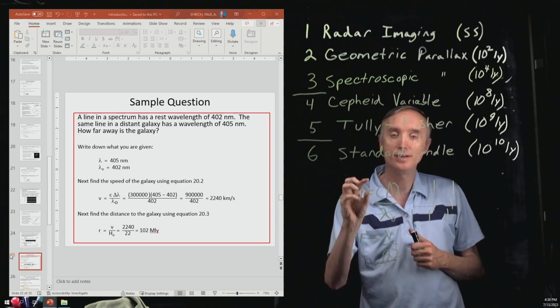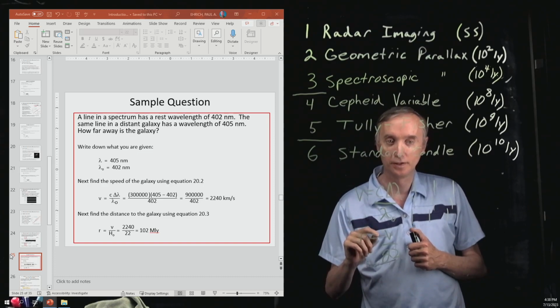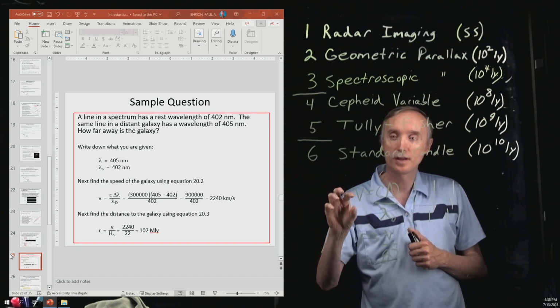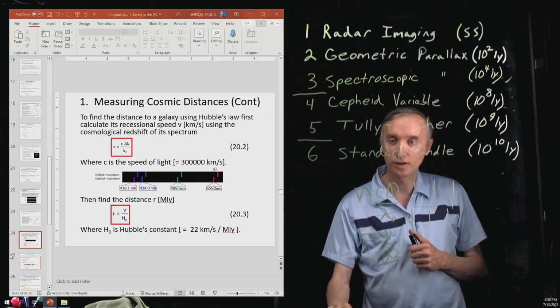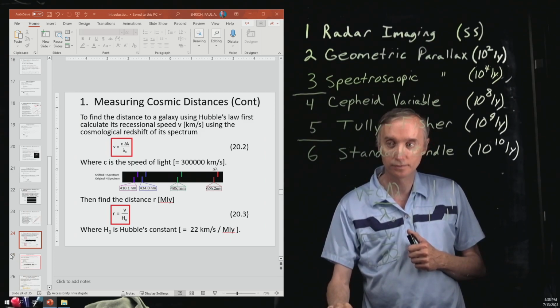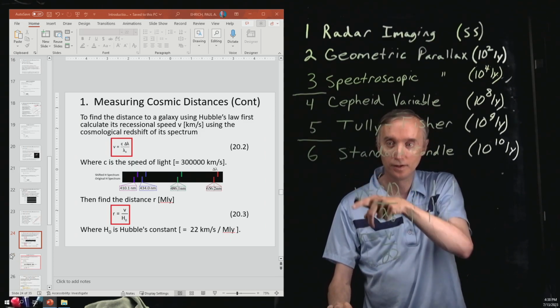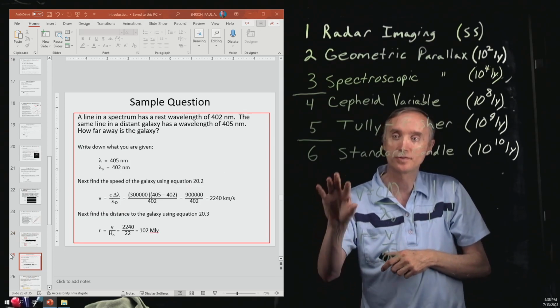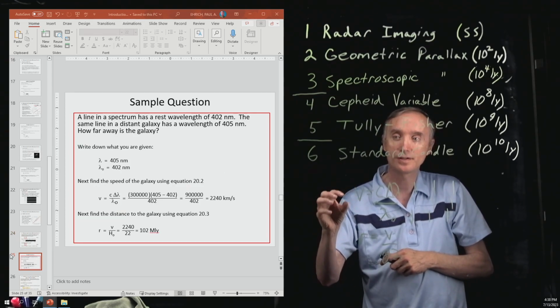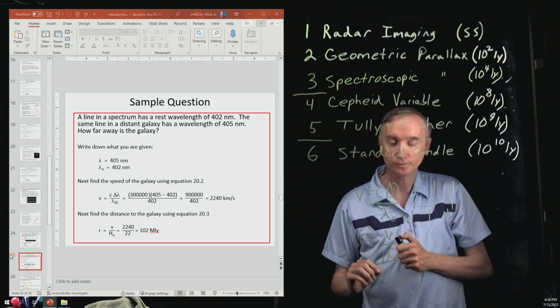Sorry about that, 3 times 10 to the 5th. In order to have the units of kilometers per second in Hubble's constant, we need to use for the speed of light 3 times 10 to the 5th, which is 300,000.